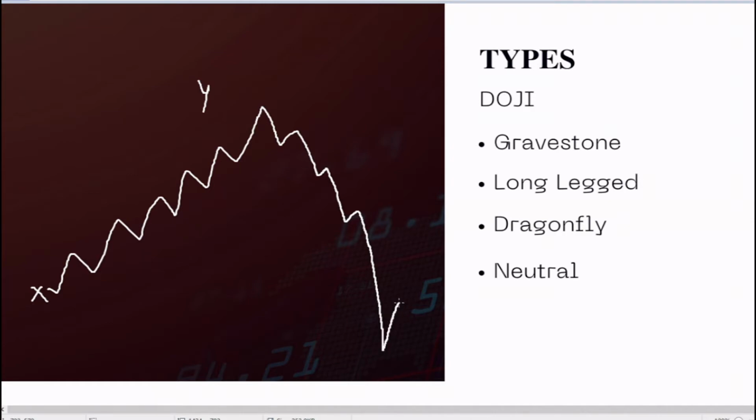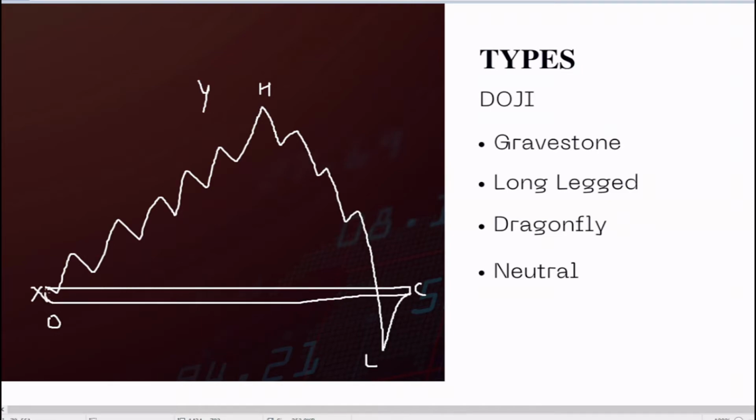Through the day, finally the price comes and halts here. So for us, this is O, the open, this is H, the high, L is the low, and finally the close is here. Now, as per our rule, the opening and closing price are almost at the same level. You can call it the same, or a very tiny difference between the opening and closing.